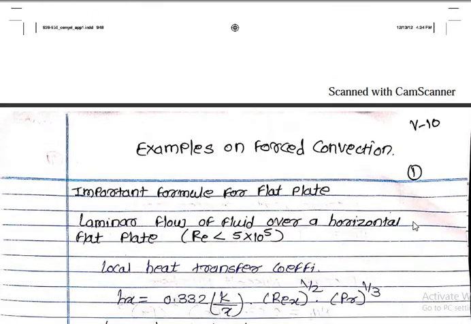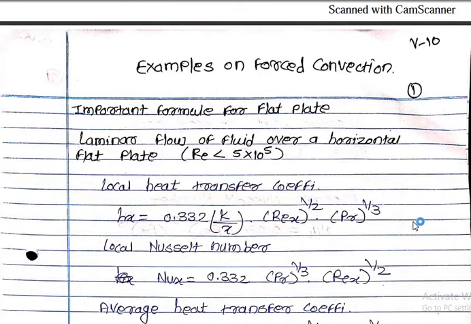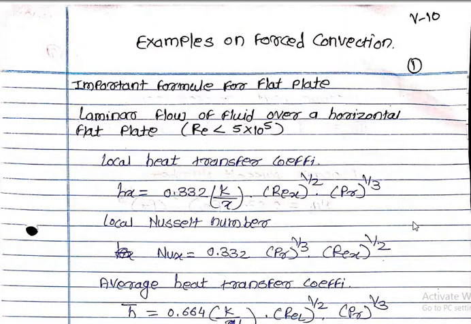Now before we start the example, we should have some idea about the formulas which are going to be used in the problem. The first problem we have discussed is about forced convection, and the first variety is the fluid flowing over a flat plate.